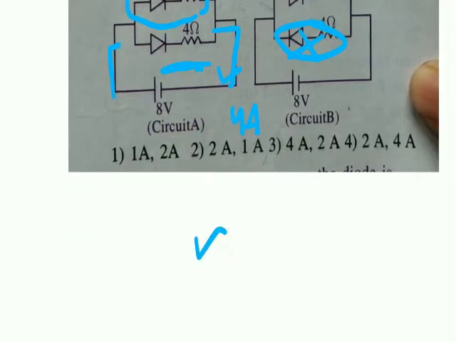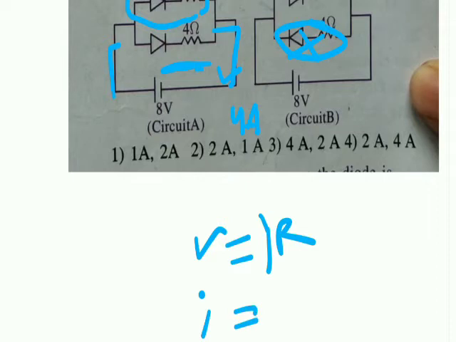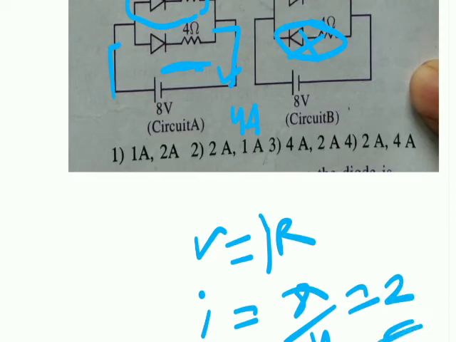So V is equal to I into R, I is equal to 8 by 4, nothing but 2 amps. First circuit passing current 4 amps, second circuit passing 2 amps. So our answer is third one is correct.